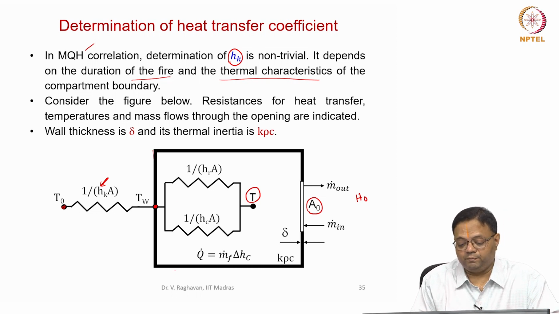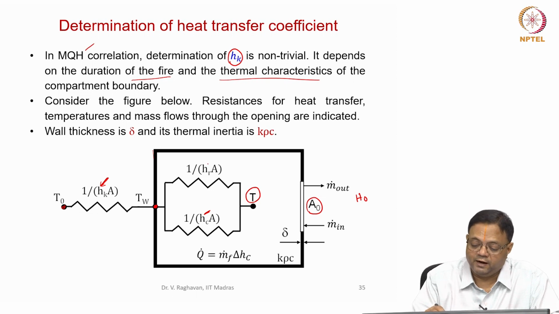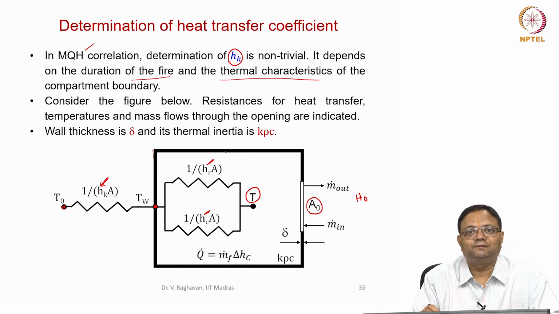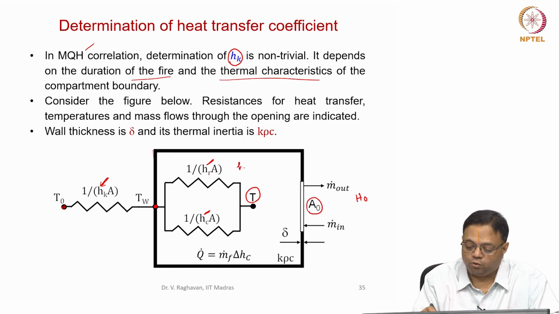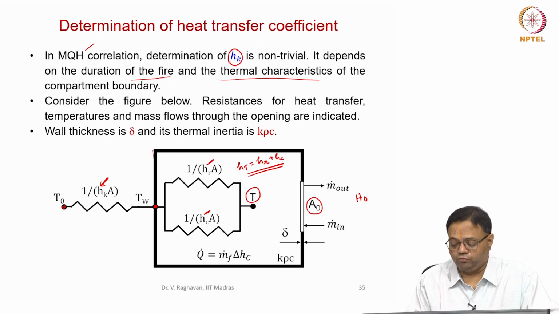Now within the compartment there is heat transfer due to convection and heat transfer due to radiation, but the radiation heat transfer can be considered as equivalent convective heat transfer with the heat transfer coefficient of Hr. That means here the total heat transfer coefficient will be Hr plus Hc. Now conduction is also there.